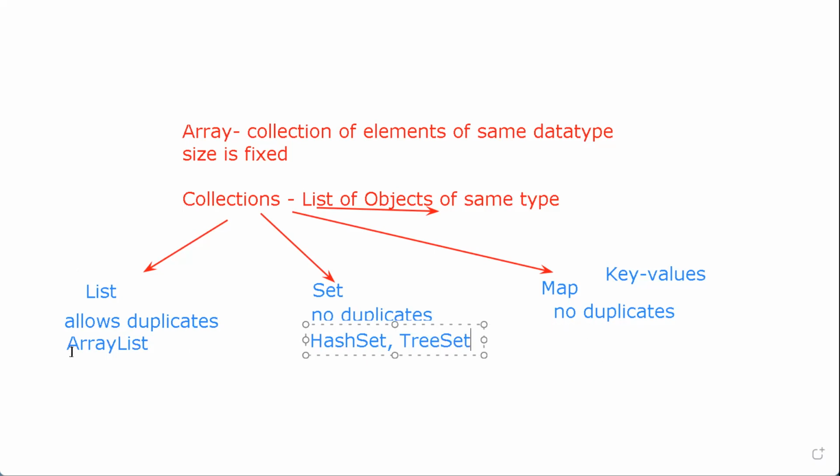Similarly, we have vector and linked list also here. That I will not cover, it is very similar. Stack is there, queue is there. They're all much similar. If you know the basics of array list, hash set, tree set, that will be good enough. And then in map also we have hash map and tree map. Yes, correct.